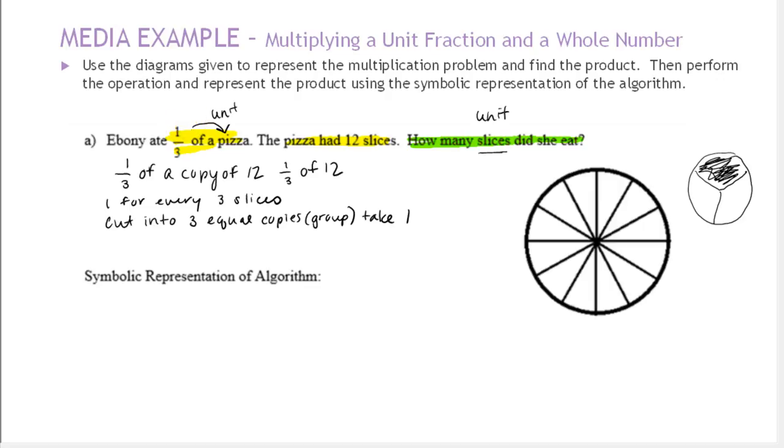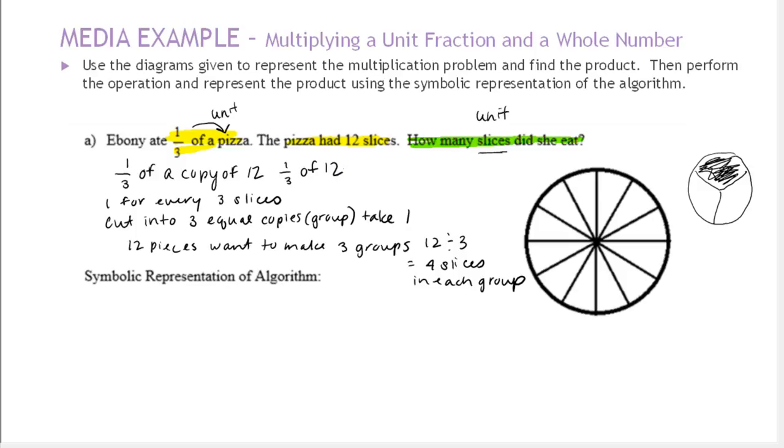So if we have 12 pieces, and we want to make 3 groups, we would take 12, divide it by 3, and realize that it would be 4 slices in each group.